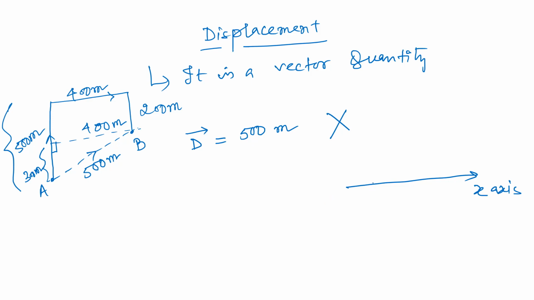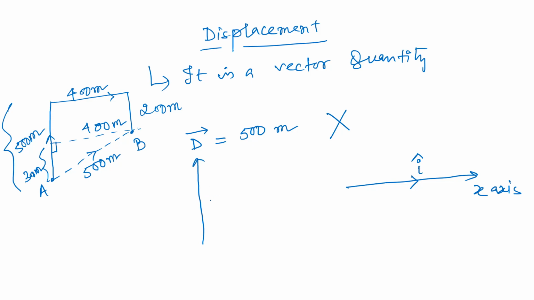Okay, there are three kinds of unit vectors. The first unit vector, which works along the x-axis, is known as i cap. Okay, this is the symbol cap, and this is i. It is always represented by small letters. Okay. Now if I say that the object is moving along the y-axis, that means it is moving up.